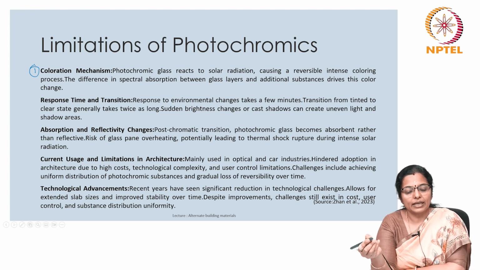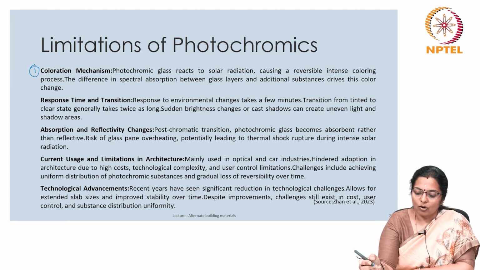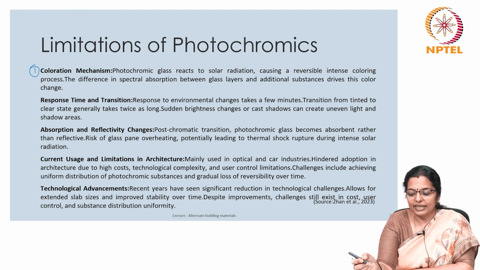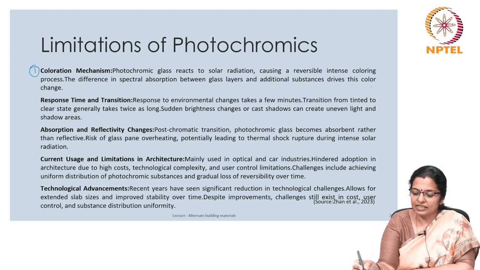So, photochromic glass reacts to solar radiation and causes a reversible intense coloring process. The difference in spectral absorption between the glass layer and additional substances drives this color change.